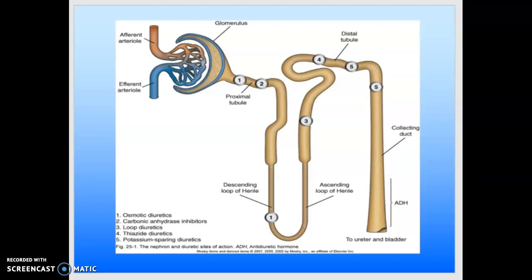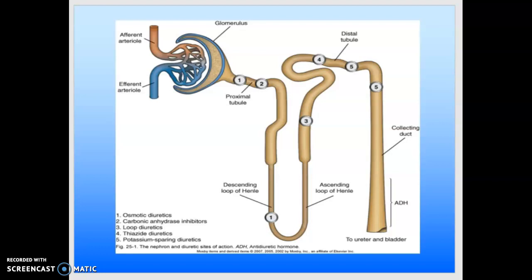But as the filtrate passes through the nephron, its composition actually changes pretty dramatically. Some substances in the filtrate cross the walls of the nephron and then re-enter the blood. That's reabsorption. Water is the most important molecule that's reabsorbed in the tubule.